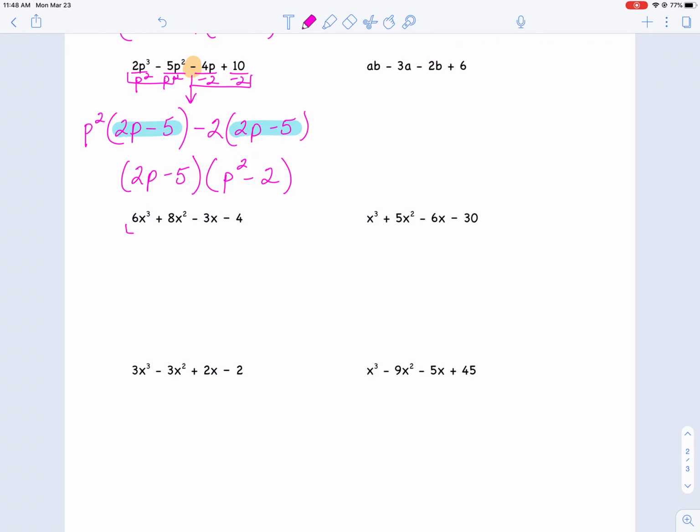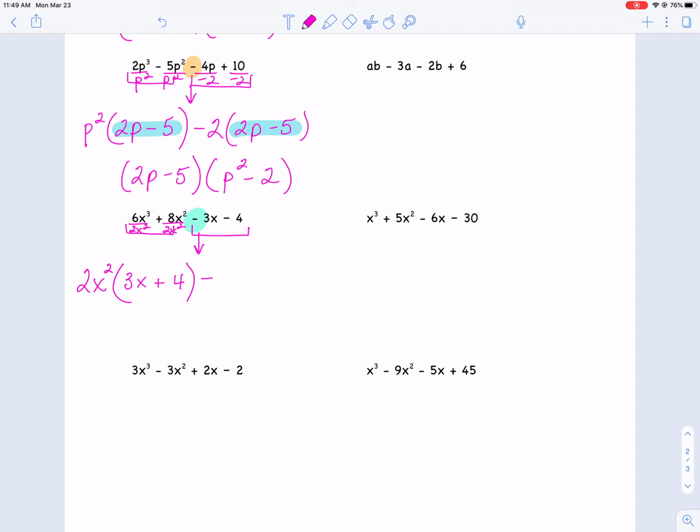Look at the GCF between these two and these two. So this is important. The GCF between 6x cubed and 8x squared is going to be 2x to the second power. If I divide each of these by 2x squared, I'll have 3x plus 4. When you look at negative 3x minus 4, and again, I'm going to remind you, this sign is what must come down, a negative sign. Does 3 and 4 have a GCF?